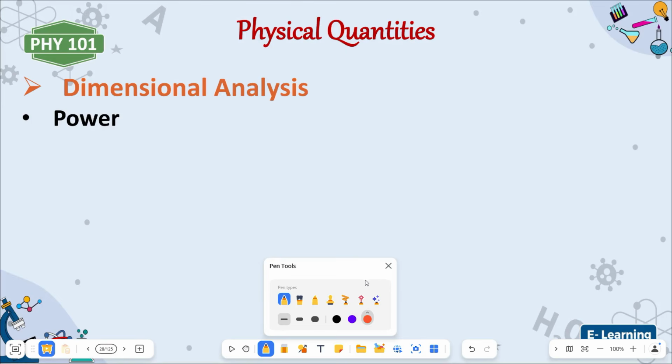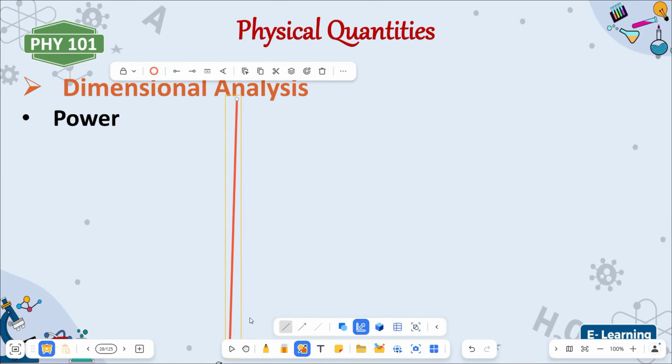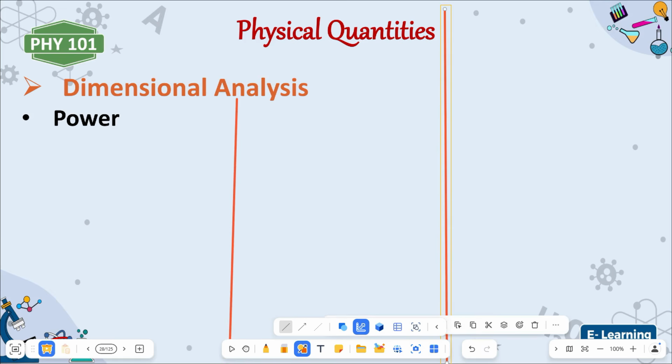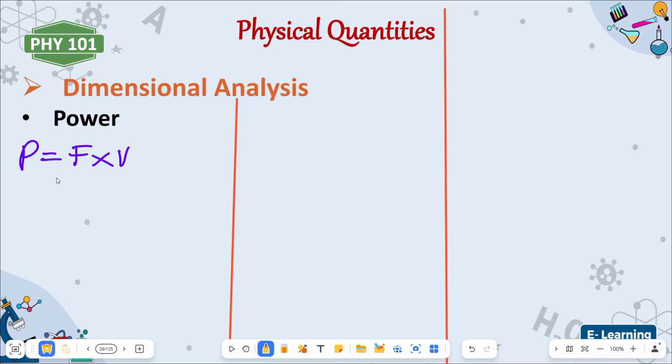Then the next one is power. Now we can have different formulas to get power. Whichever formula we use, we will still have the same dimension. I taught you this before. Power can be force times velocity. What is the dimension for force? MLT minus 2. What is the dimension for velocity?